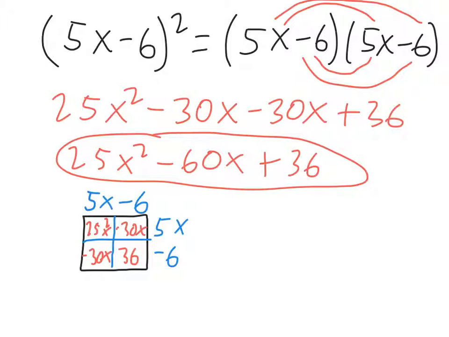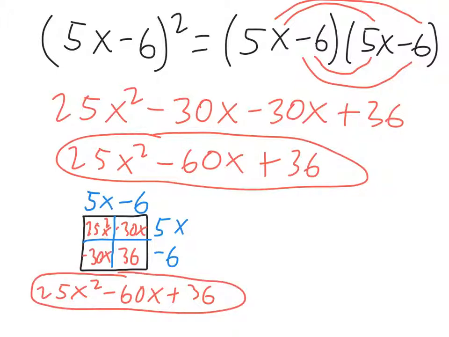And then do like we did before and add diagonally. So 25x squared, and then negative 30x is a negative 60x. And then plus 36, and we get the same answer.